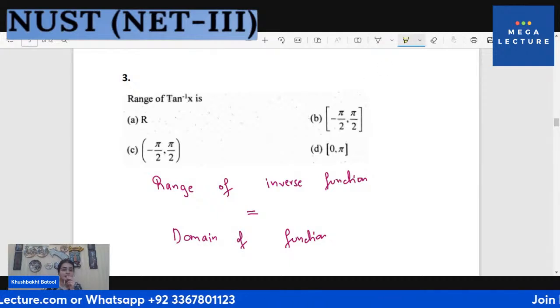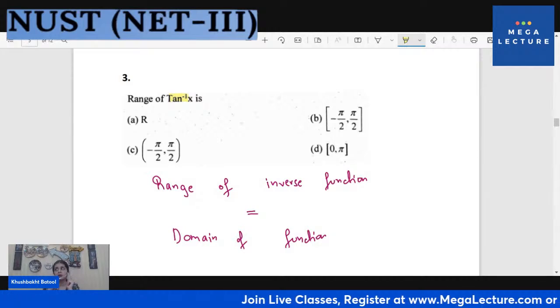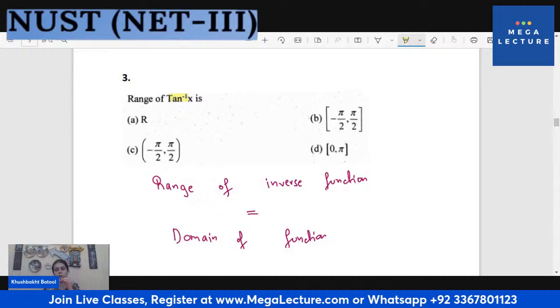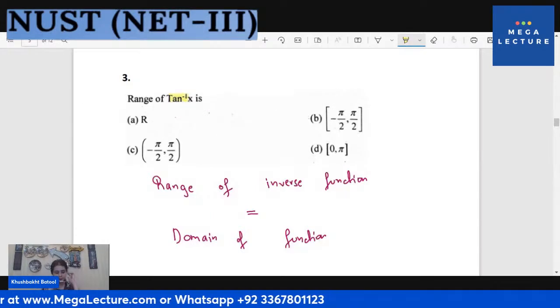Now it says range of tan inverse of x, and in the previous class, I think the one on Monday, we were talking about the graphs of trigonometry.